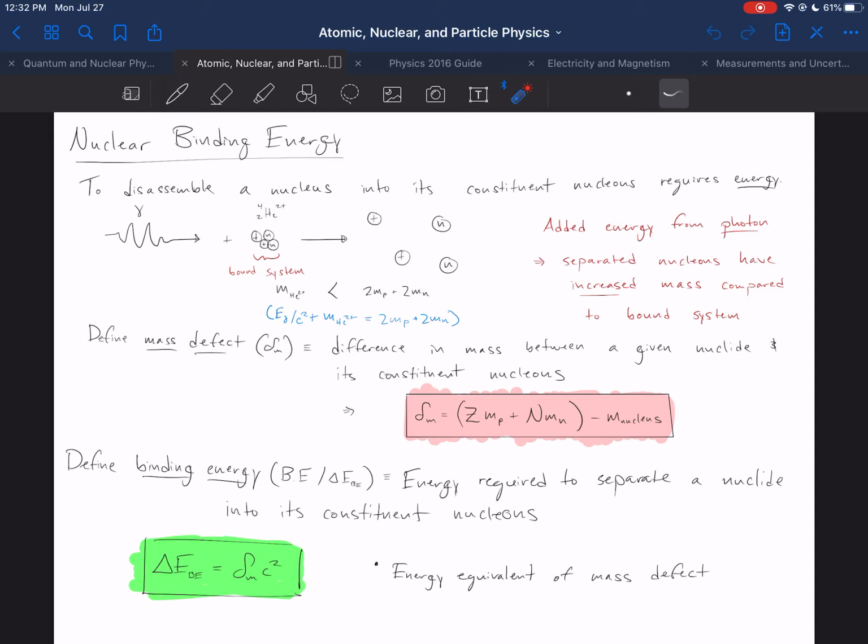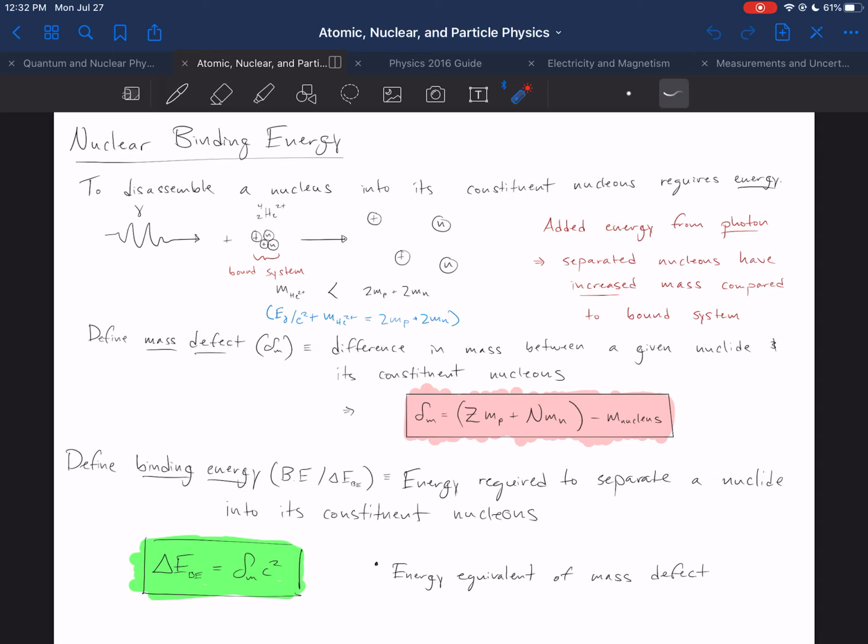But we could ask a different question, one that will ultimately be super revelatory for how the world works. Instead of asking how much binding energy there is for that iron 56 or the uranium-238, you might instead ask, what is the binding energy, not full stop, but per nucleon that's required?